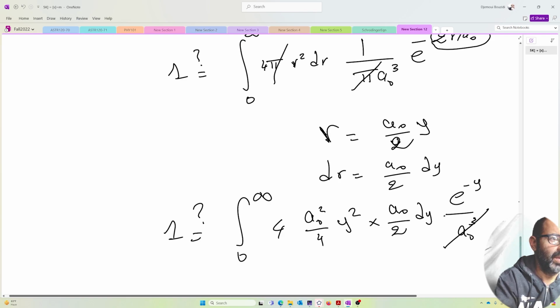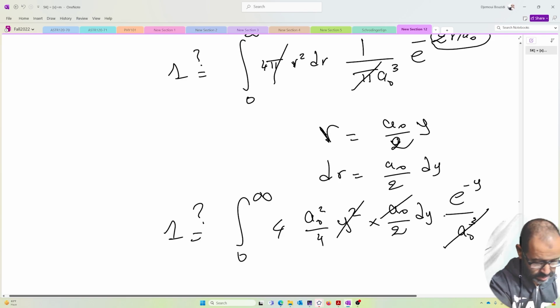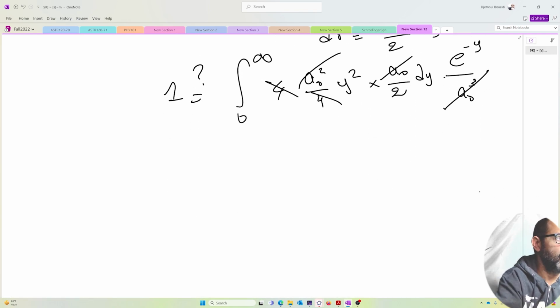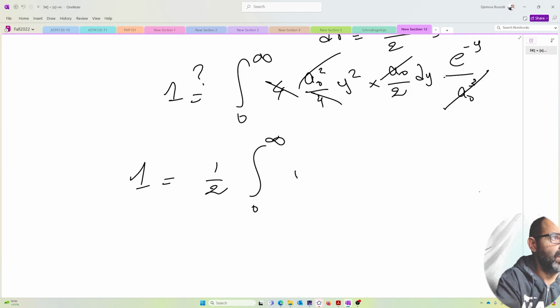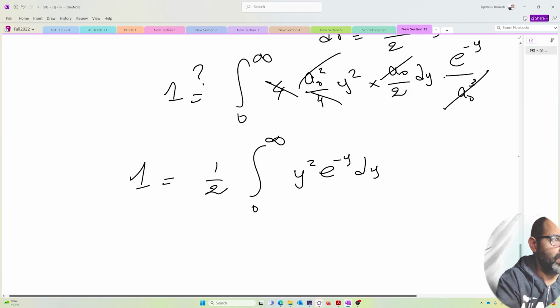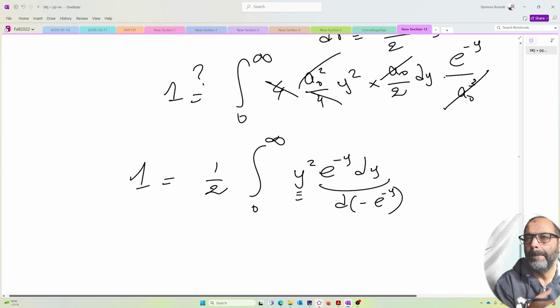The a naught squared and the a naught cancel with the a naught cubed. That's good. Furthermore, the 4 and the 4 also cancel. So what we're left with is: does 1 equal 1 over 2 the integral from 0 to infinity of y squared exponential of negative y dy? That's a question, not a statement. Let's check it. Well, we do this by parts. This is my function, which is negative of the exponential of negative y.